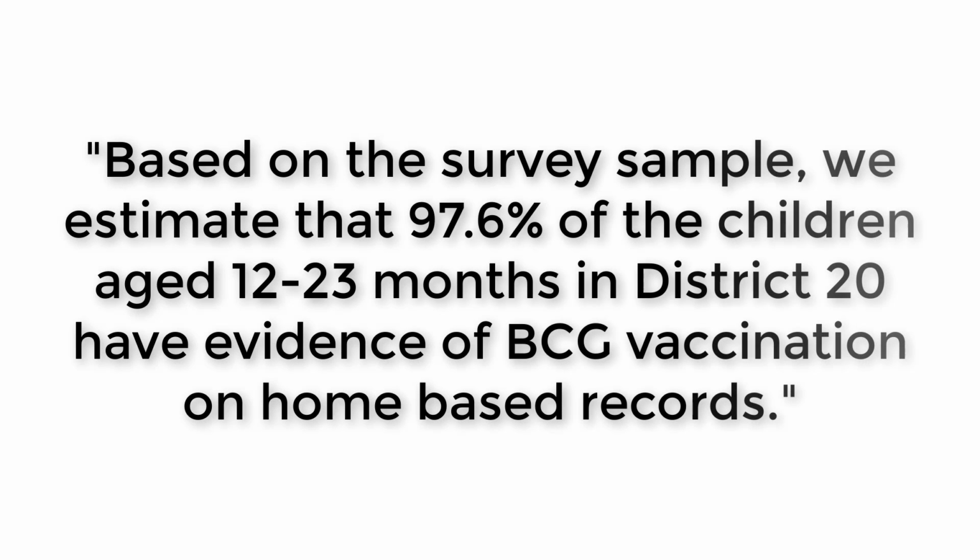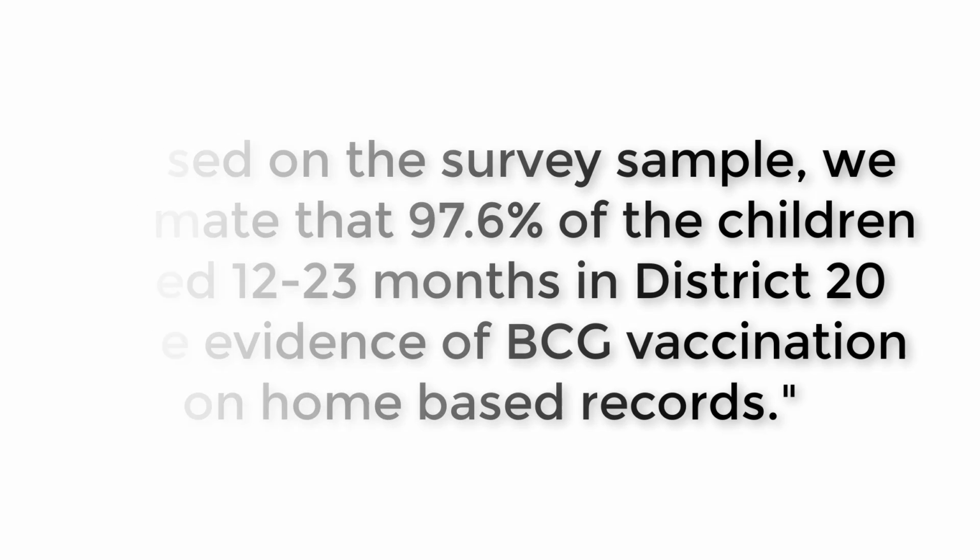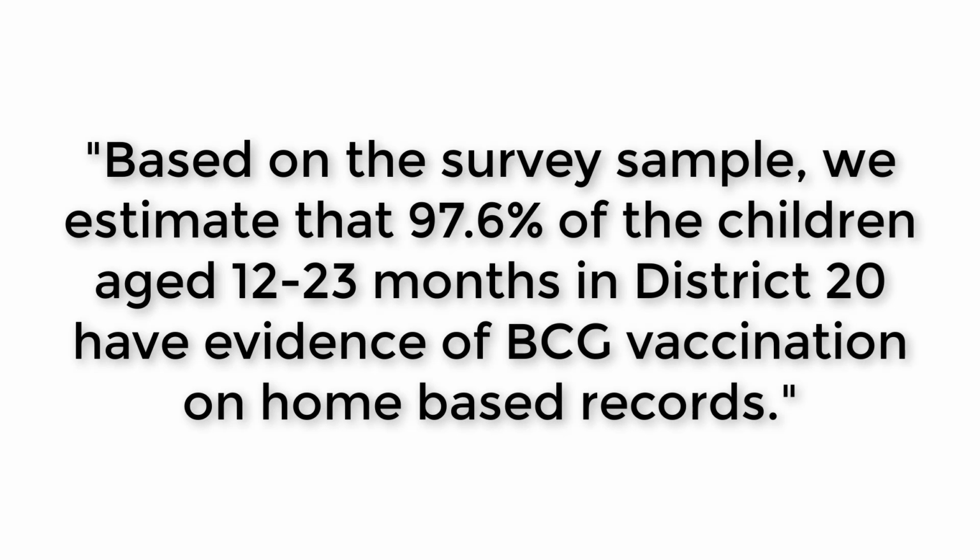We might put those quantities in an English language sentence as follows. Based on the survey sample, we estimate that 97.6% of the children aged 12 to 23 months in District 20 have evidence of BCG vaccination on home-based records. Although 97.6 is the point estimate from the survey, we expect that figure could vary if we had drawn a similar sample from a different set of households.